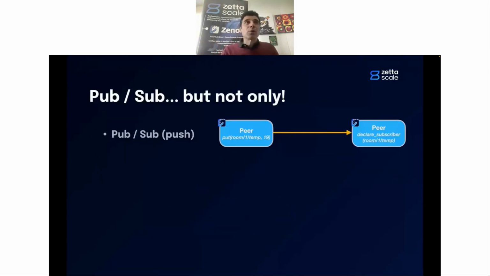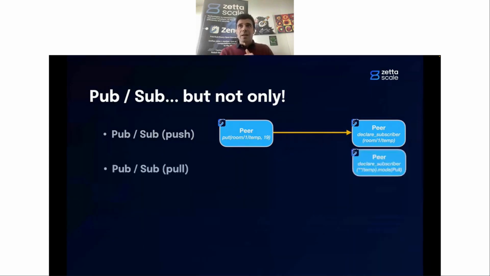Okay, so getting back to Zenoh. Zenoh is PubSub, but not only. Again, you can have a publisher or a peer that publishes some data, and a subscriber that is interested in receiving that data. This subscriber can be push or can be pull, and you decide what you are when you declare your subscription.